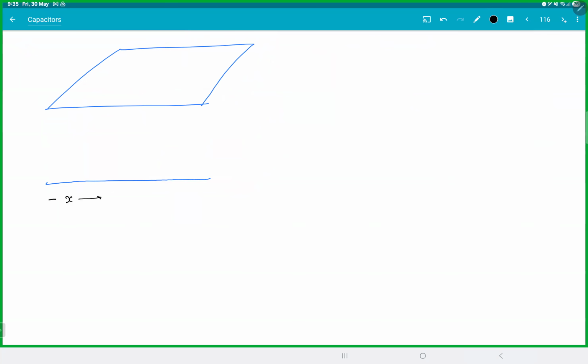At a distance x, choose a thin slice dx.